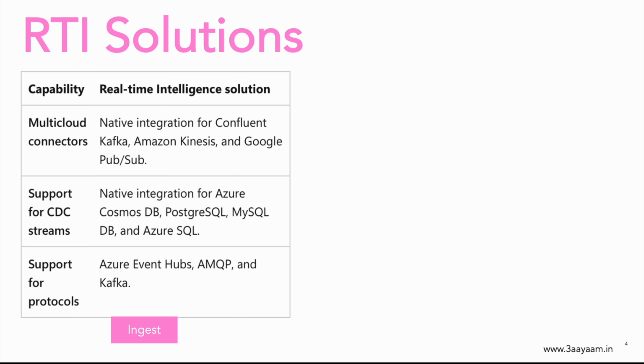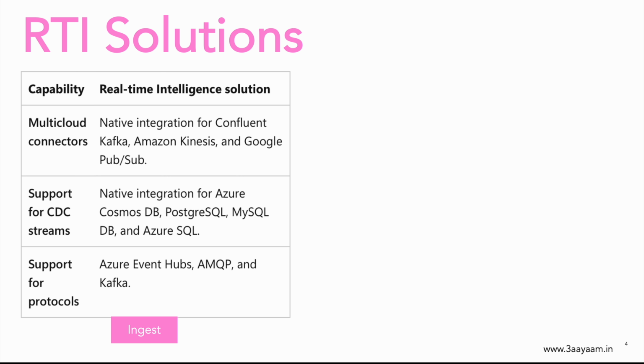Along with that, it supports CDC streams from SQL and NoSQL databases, for example, Cosmos DB, PostgreSQL, MySQL database, or Azure SQL database. We can use the CDC capability of these databases so that all the data changes that are made to the databases can be captured and ingested in near real time using Eventstream, which is the ingestion layer.